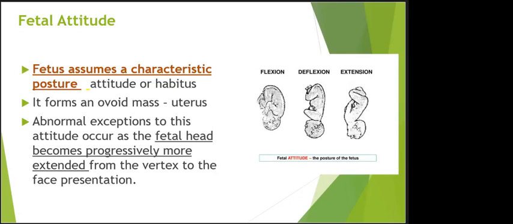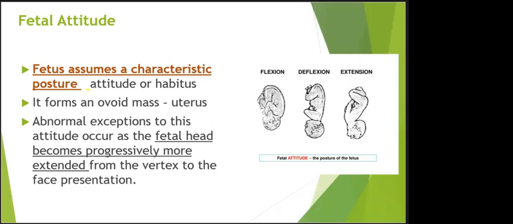Fetal attitude. The fetus assumes a characteristic posture, whether the head is flexed, as in a vertex position, or extended, in the form of a face presentation. Abnormal exceptions to this attitude occur when the head is progressively extended in the face presentation.